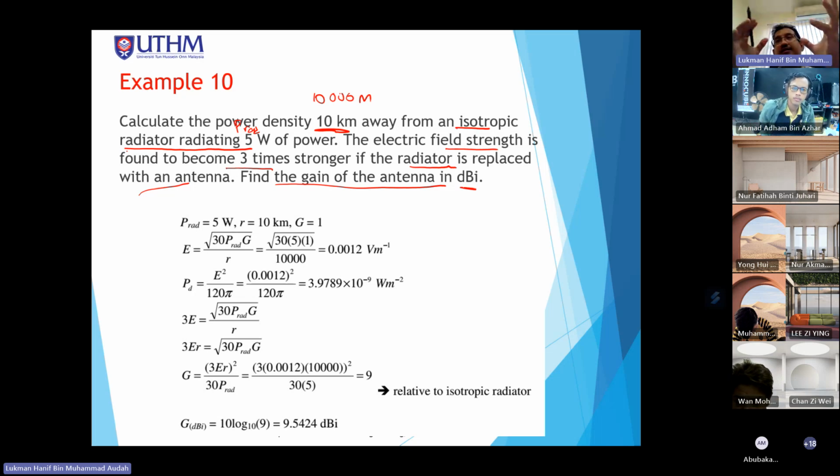Normally the formula is the same as dB to measure the decibel. dBi means decibel with respect to the isotropic antenna.